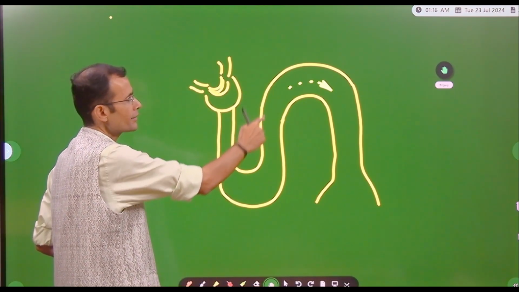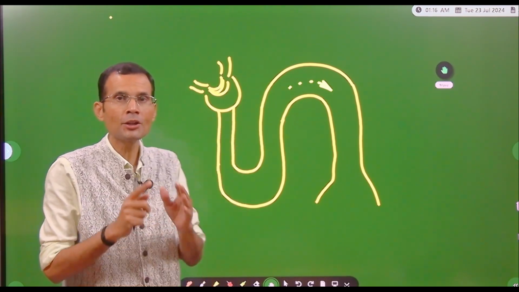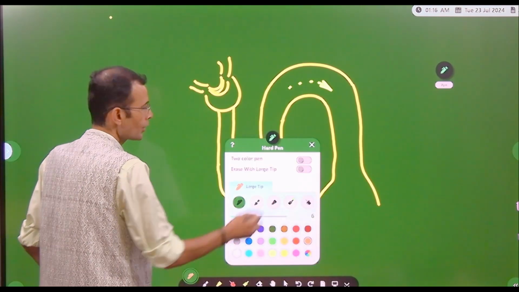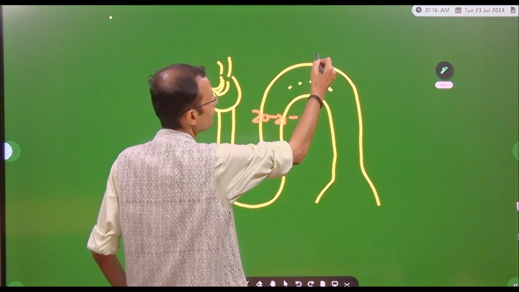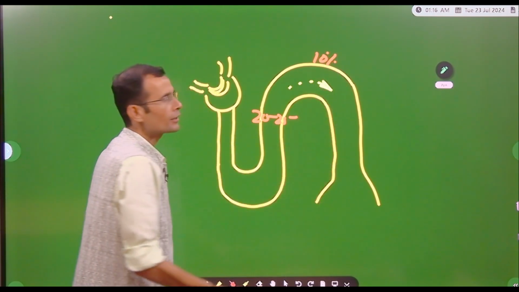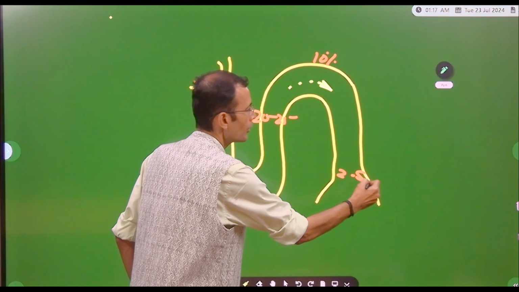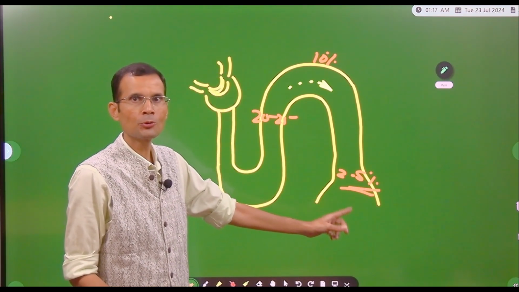For instance, thick ascending limb of loop of Henle reabsorbs 20 to 25% of the filtered sodium chloride. DCT reabsorbs some 5 to 10% of the filtered sodium chloride. And now the collecting duct, only about 2 to 5%, where these potassium sparing diuretics are going to act.